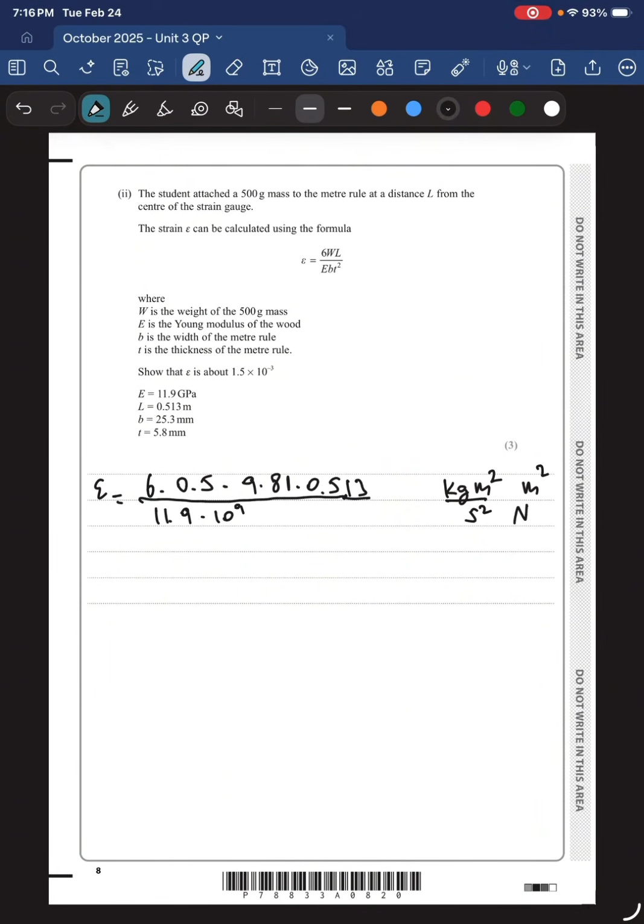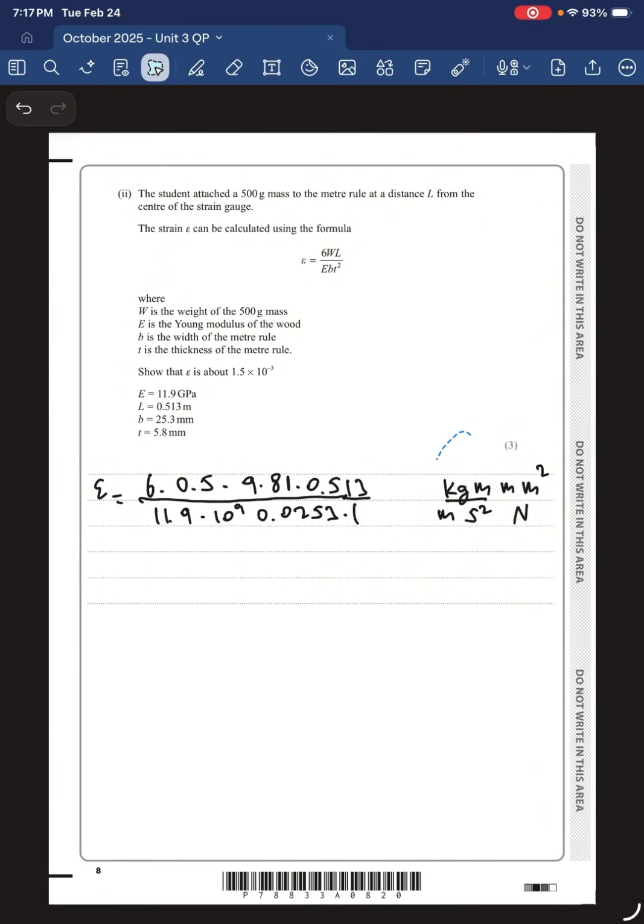Okay. And actually, I'm going to erase this meter squared, and I'm going to write it as meters. You will see why in a moment. Okay. Then B is in millimeters, so let's write it as 0.0253, also meters. Okay. And then we have T squared, so 5.8.